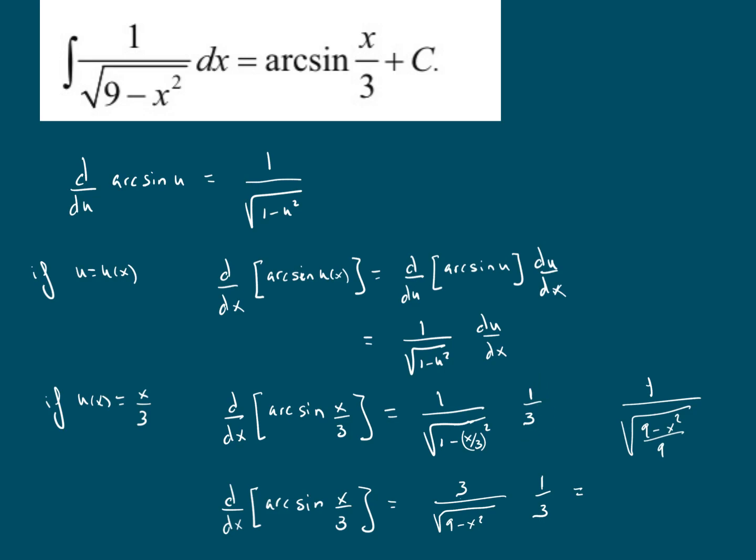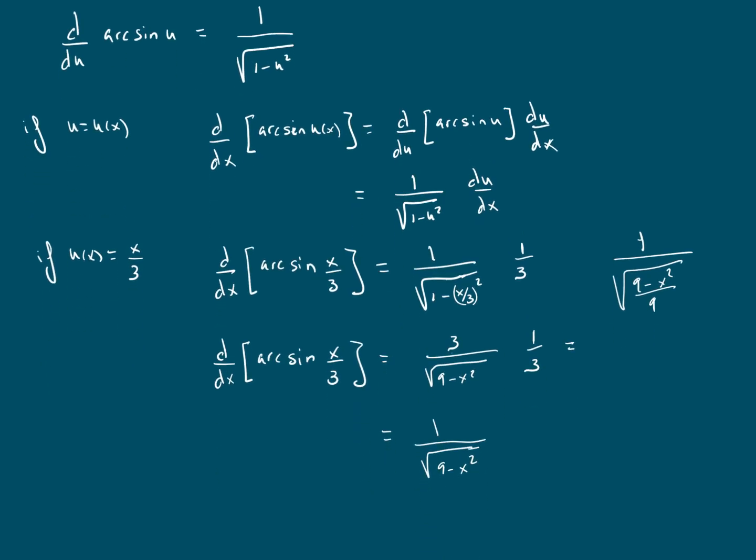So the derivative of arcsine of x divided by 3 is nothing else than 1 divided by the square root of 9 minus x squared. This means that the antiderivative of this function is arcsine of x divided by 3. So the integral of 1 divided by the square root of 9 minus x squared is arcsine of x divided by 3. But let's try to do the problem in a different way.